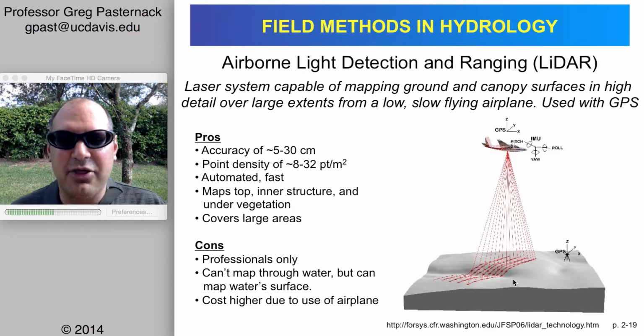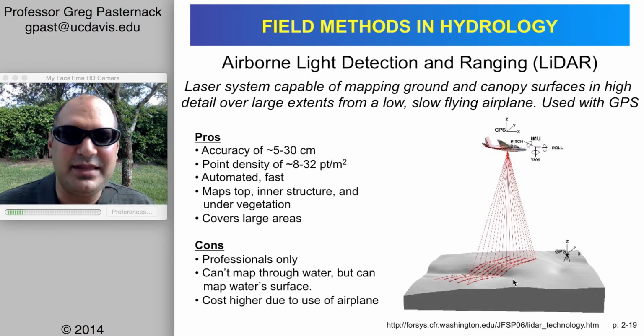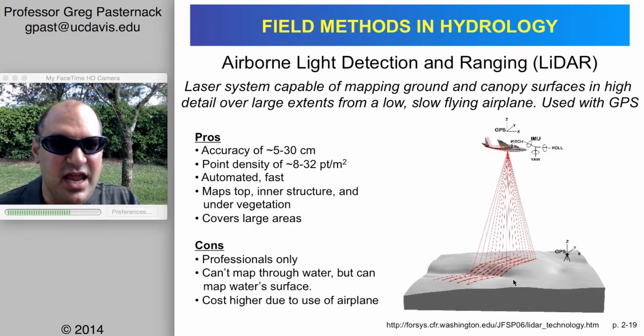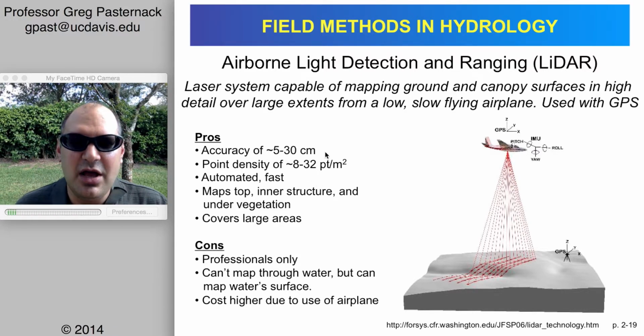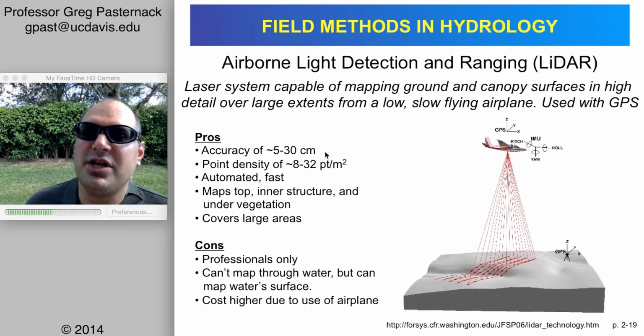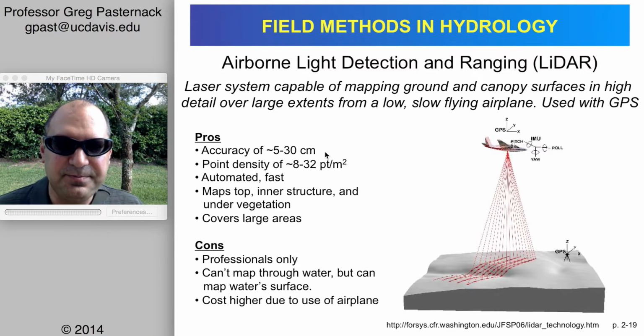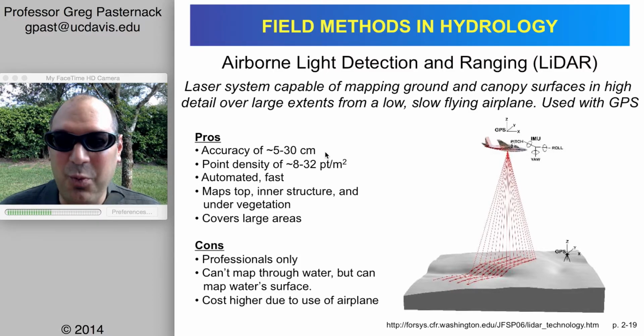Today we have about 32 points per square meter, but this number is changing very fast to get ever more dense points. The vertical accuracy of a position is about 5 to 30 centimeters, so it's relatively coarse compared to total station or our RTK GPS. However, it's wicked fast. I mean, you're flying an airplane fast.